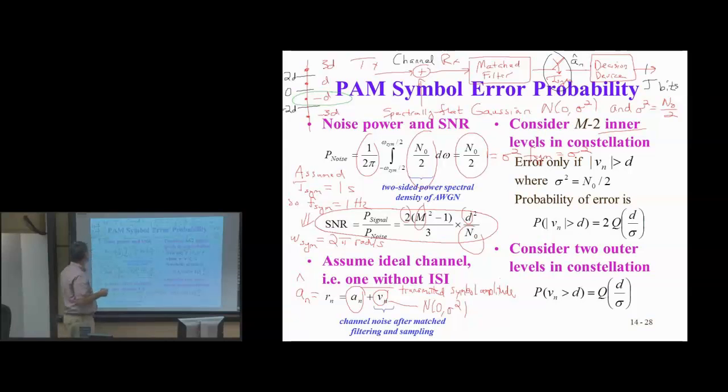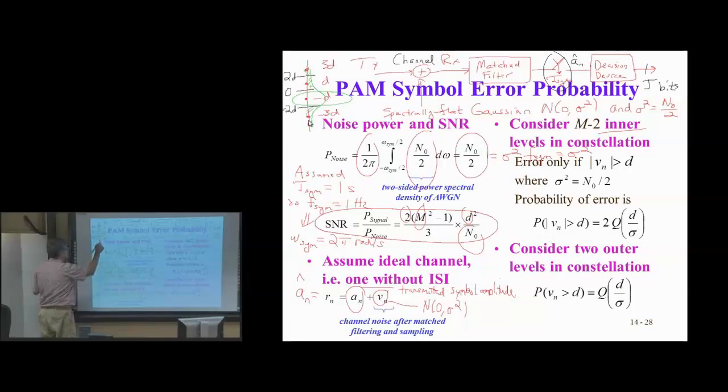And we know what that looks like. Basically, I'm integrating a tail. The received amplitude is the transmitted amplitude plus a Gaussian random variable. So I'm going to get a distribution that looks something like this if I transmitted a symbol amplitude of minus D. I'm going to get in trouble for that tail of the distribution and for this tail of the distribution.